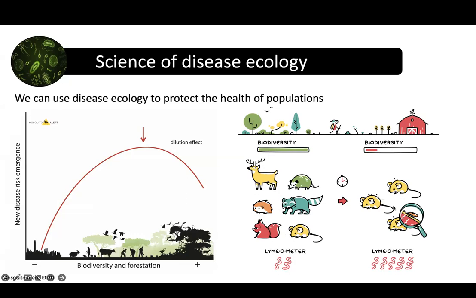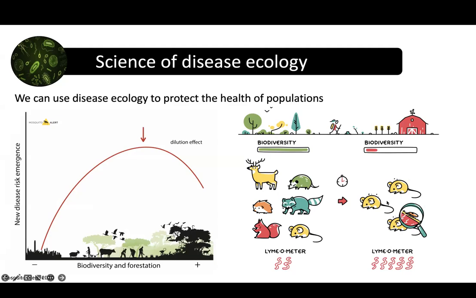Whereas if there's only one type of host, less biodiversity, more disease or more pathogen is in the ticks. So high host diversity dilutes the impact of the ticks biting the white-footed mice, which is their main target. And if there's less biodiversity around, there's more of that target species around that could possibly be infected with the pathogen.